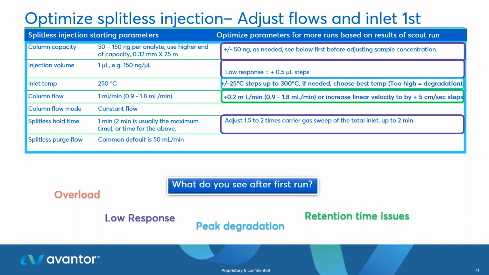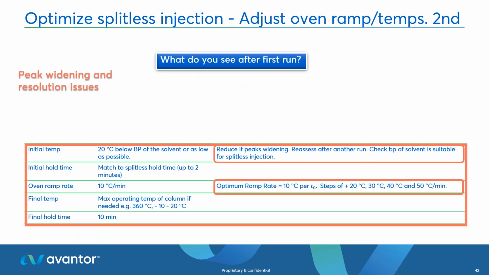Again, with retention time issues, having a look at the flow rates and make sure these are appropriate and adjusting as needed. Carryover, this may be where the flow after the hold time is not enough. Maybe we need to increase the flow rate just so we can sweep that column and any residual left over to rule out any carryover.